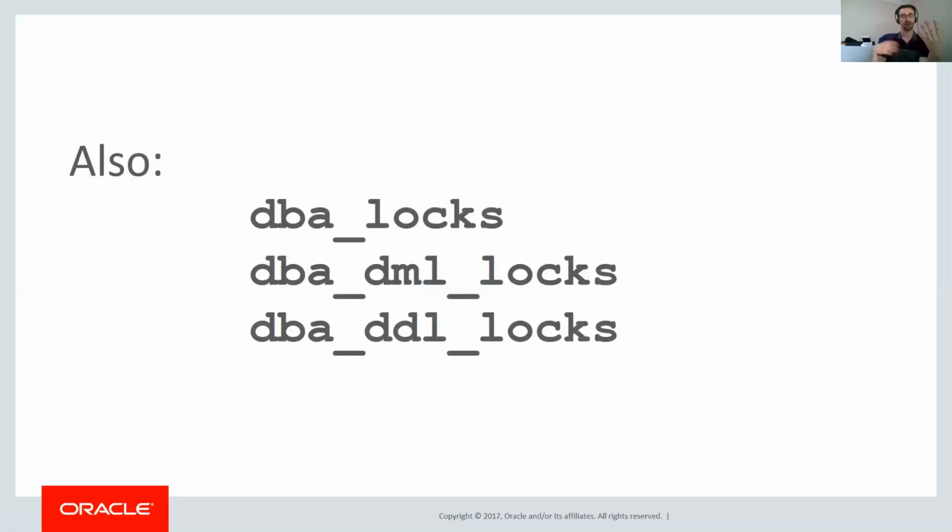You'll show that you've got that lock, but you won't be blocking anyone. As soon as you are blocking someone, you'll be able to see who you're blocking and why. DDL locks, if you're changing a table or something that is holding locks, you'll see that information there. So check those out, see what's going on if you want to see about locks in your database.